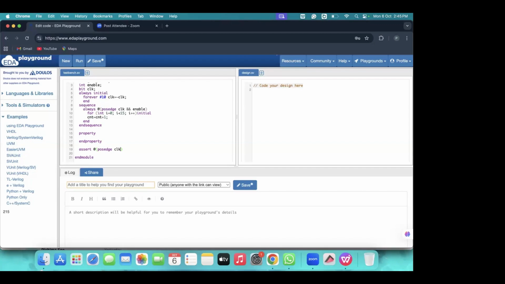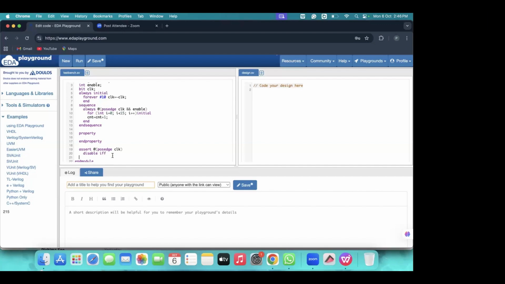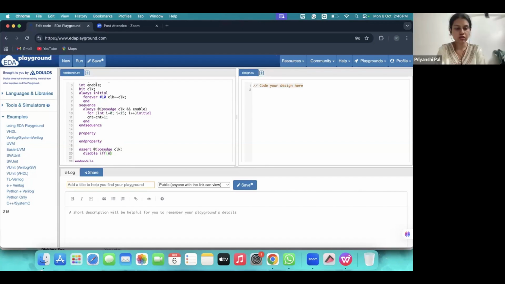After that, outside this block, you can write disable, then iff, with double F. In brackets you have to write the not enable, using the not operator.